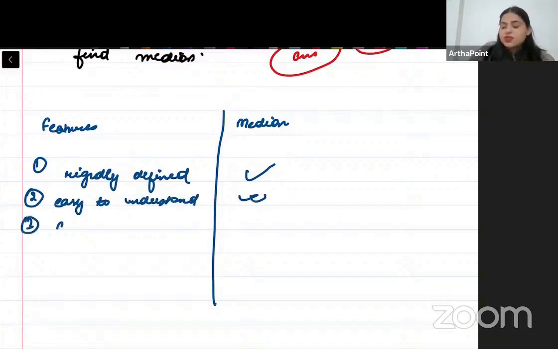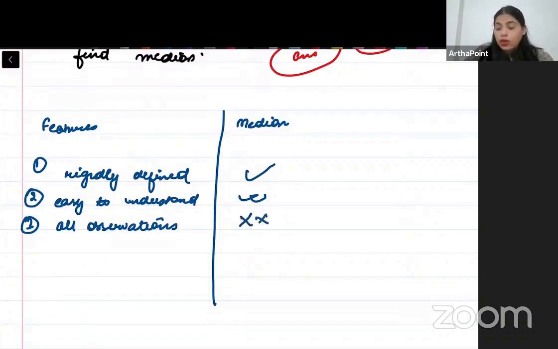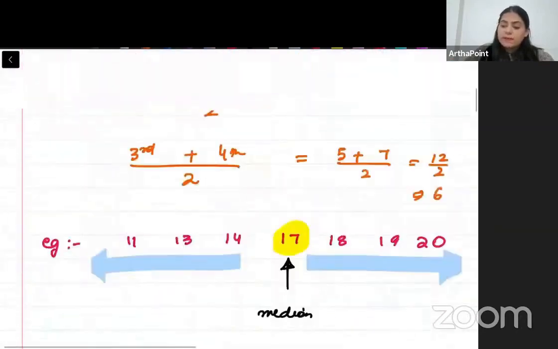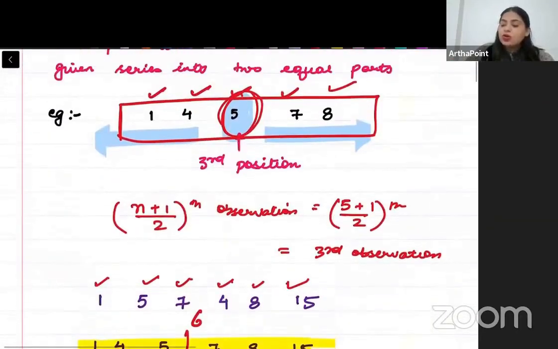The third feature was that it should be based on all observations. Is median based on all observations? No. See how it is not based on all observations, why not? Because look carefully at these observations, if I change this 8 to 80, it does not matter.